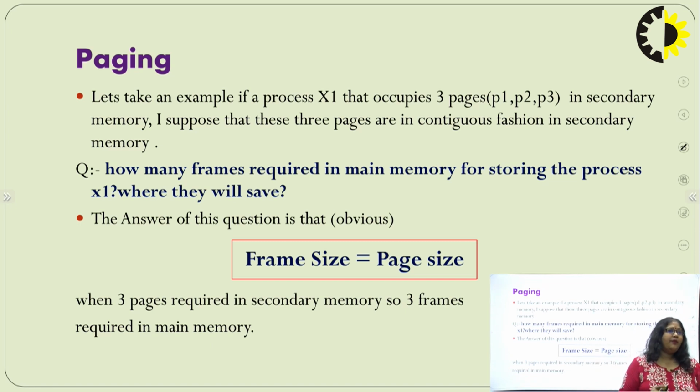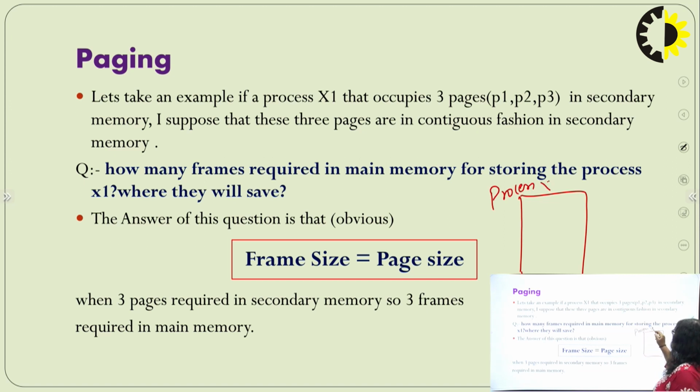In this particular problem, suppose we have a process named x1. This process has 3 pages, p1, p2, p3. In which memory do these 3 pages exist? In the secondary memory.